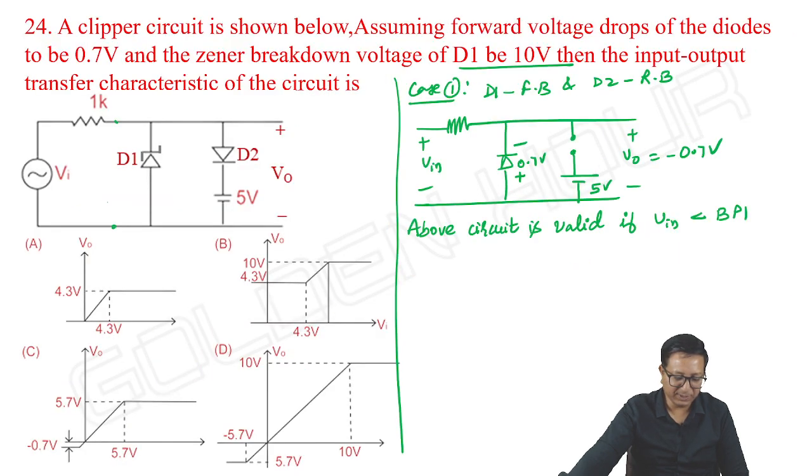There is one more thing possible. Let us take the same problem, and if D1 has a breakdown voltage of 4 volts, or 5 volts, then what happens? Or 4 volts, I'm taking.